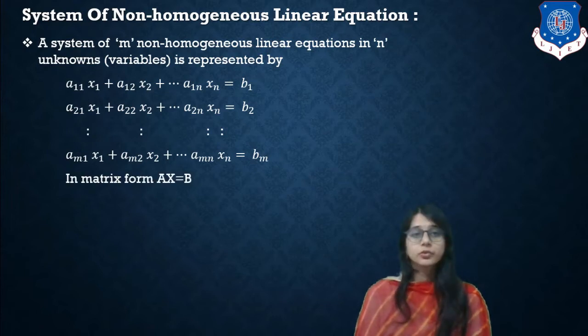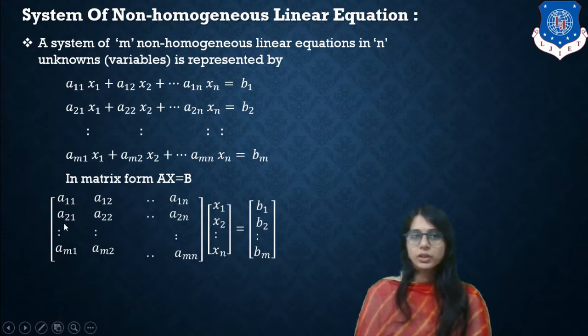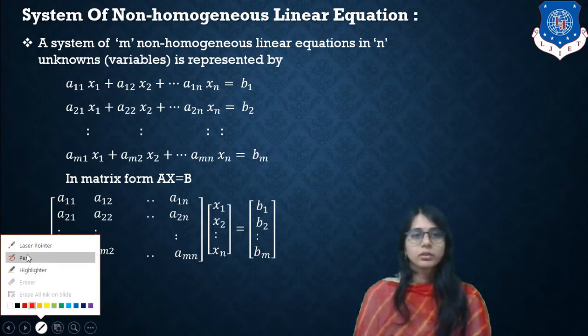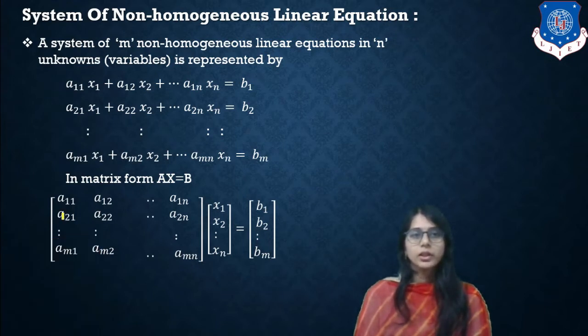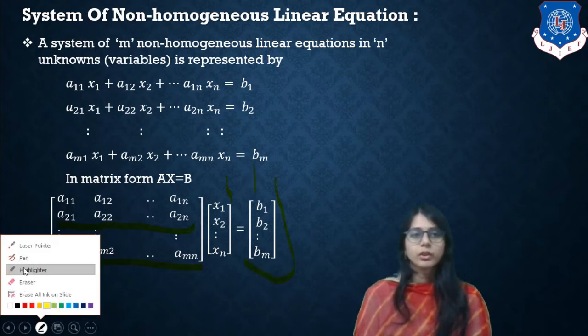In matrix form, AX = B, that means we write it as the matrix a11 a12 ... a1n, a21 a22 ... a2n, am1 am2 ... amn, times x1 x2 ... xn, equal to b1 b2 ... bm, as per this formation.